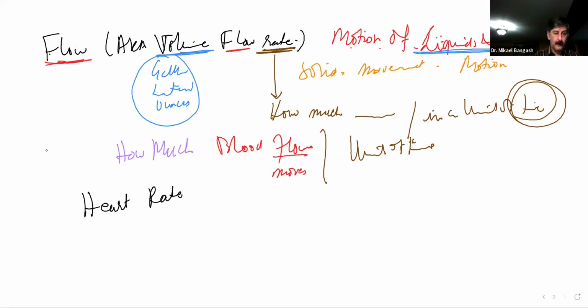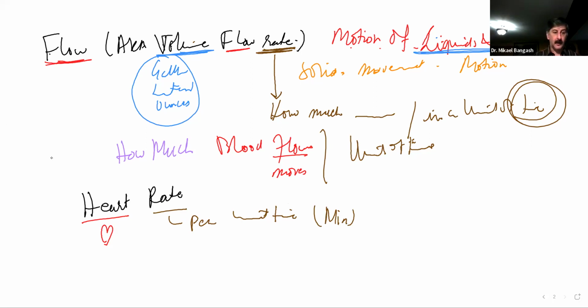Here, heart refers to the heart. The rate is going to explain anything per unit of time, but in this case the unit of time that we used was minute.